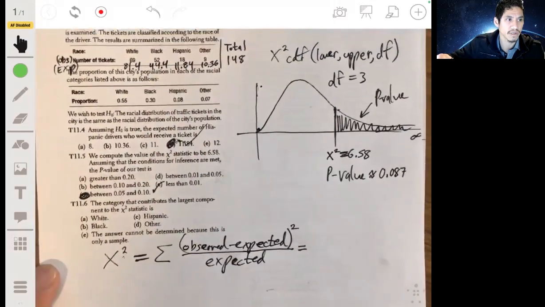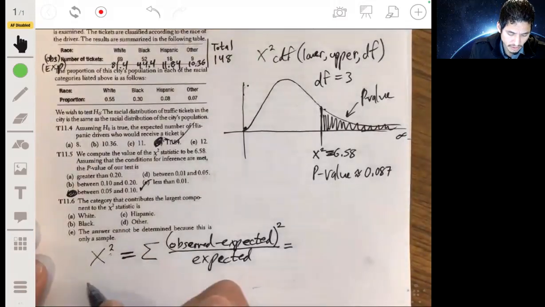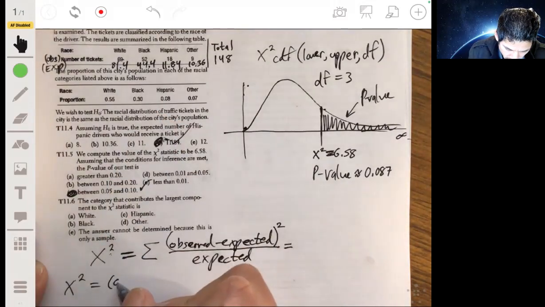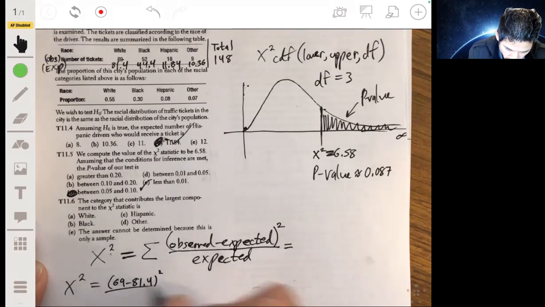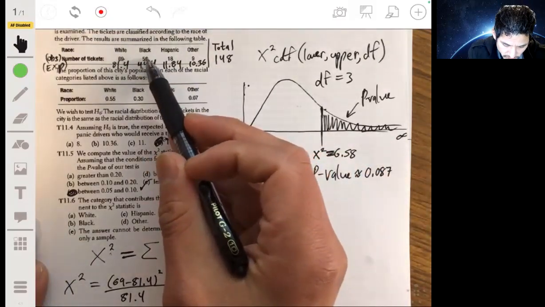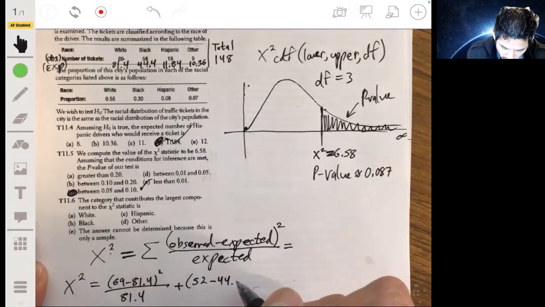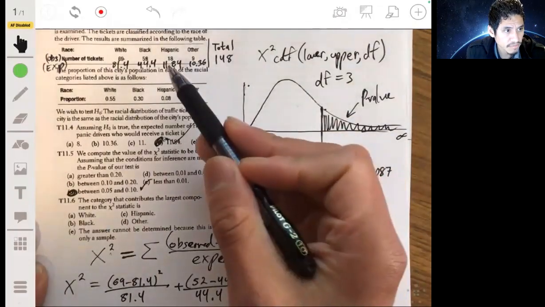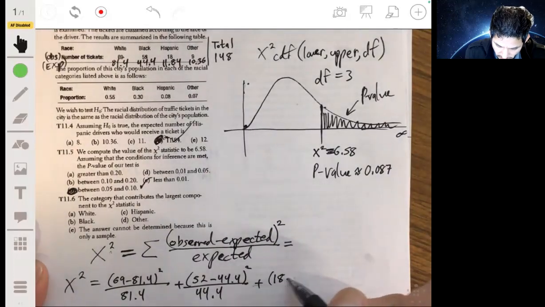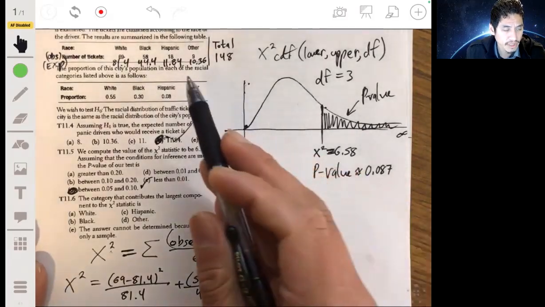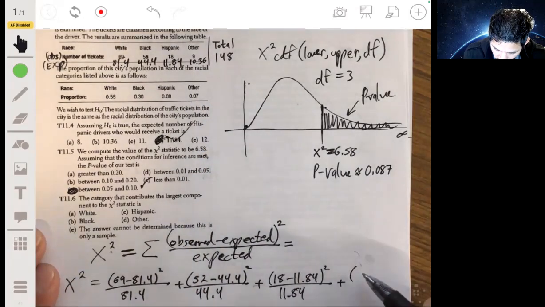So the formula would start to look like this. Let me zoom out so you can see the whole thing. It would look like 69 minus 81.4 squared over 81.4, plus, for the next one, the observed was 52 minus the expected 44.4 squared over 44.4, plus Hispanic, observed 18 minus 11.84 squared over 11.84, and the other, observed 9 minus 10.36 squared over 10.36.